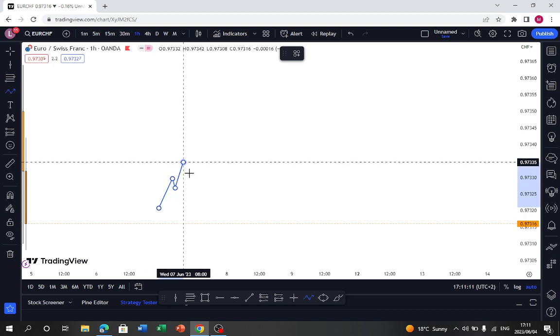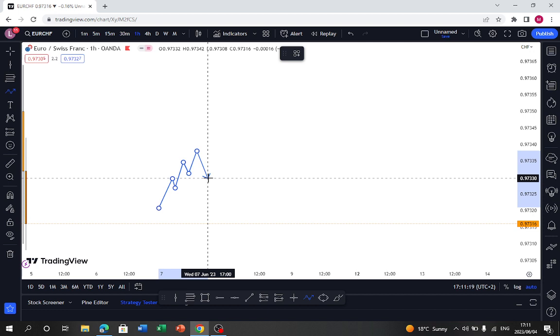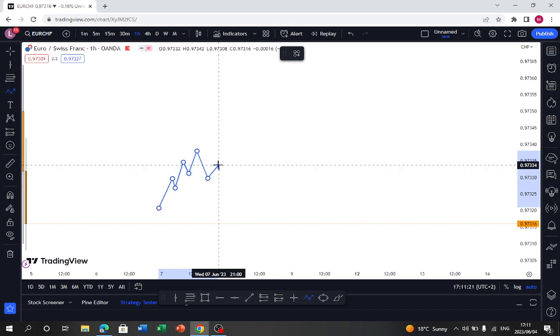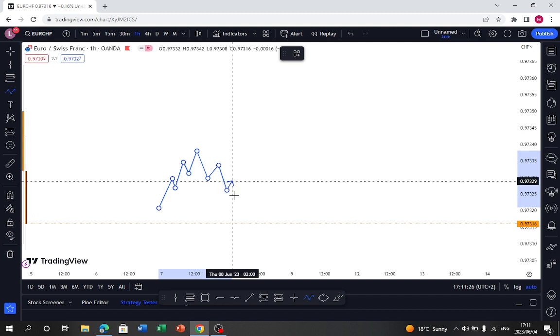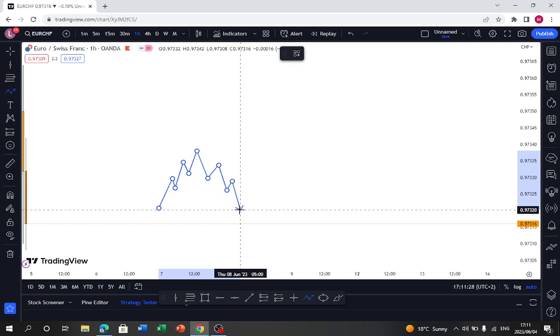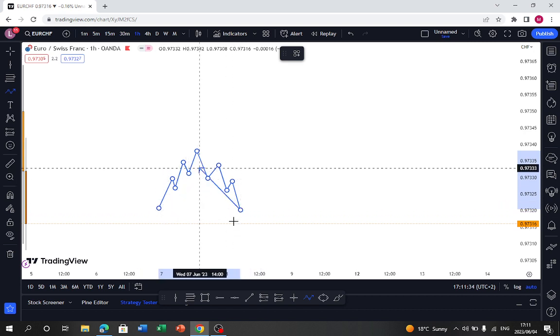Let's just assume this is Monday. Monday was bullish, a bullish trend. Because we trade this strategy only on Wednesday, Thursday, Friday, then we have Tuesday here. Then Tuesday became bearish. So now we have this phase. It was a buying phase. Now we have a selling phase.